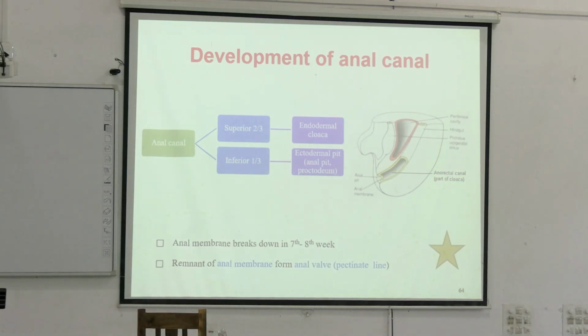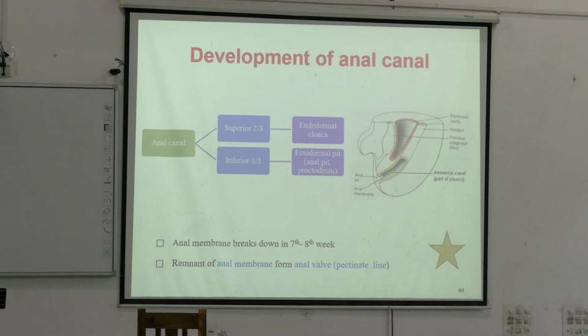They ask you to explain why the upper part is supplied by visceral nerves like autonomic nerves, whereas the lower part, which is close to the skin, is supplied by somatic nerves. Why the blood supply comes from the middle rectal and superior rectal arteries from above, while the inferior rectal artery supplies the lower part. Lymphatic drainage goes to different groups: above goes to the iliac group, lower goes to the inguinal group. Explain why. This explanation comes with embryological knowledge of how the anal canal is formed.